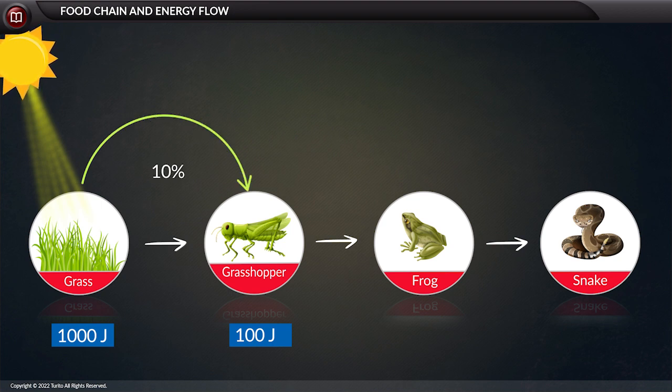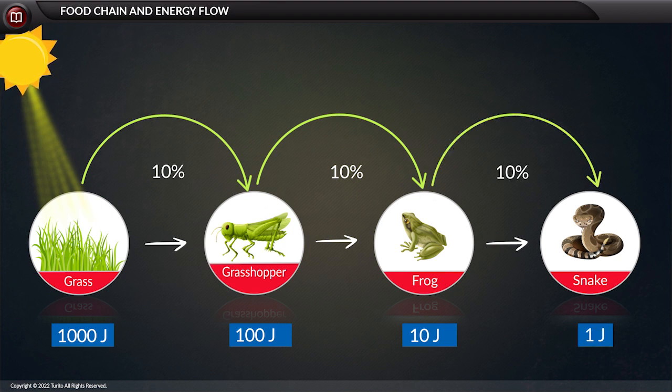From this 100 joules of energy, again 10%, that is 10 joules of energy, is passed to the secondary consumer, and finally, 10% of 10 joules, that is 1 joule, is passed to the tertiary consumer. Hence, we come to know that flow of energy is unidirectional in a food chain.